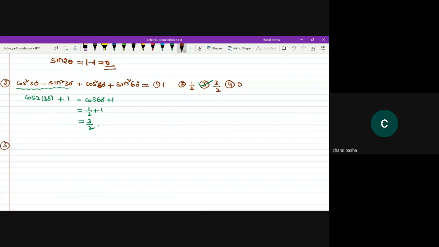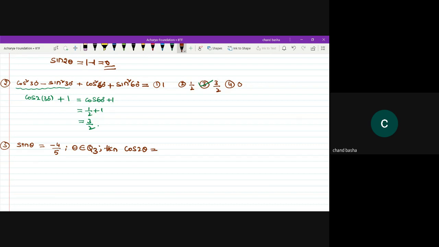Next, problem number 3. Sin theta is given as minus 4 divided by 5, theta belongs to quadrant number 3, the third quadrant. Then find the value of cos 2 theta.